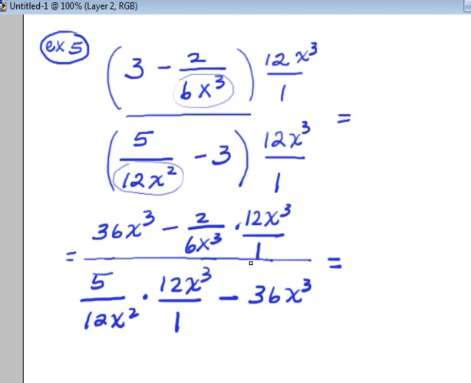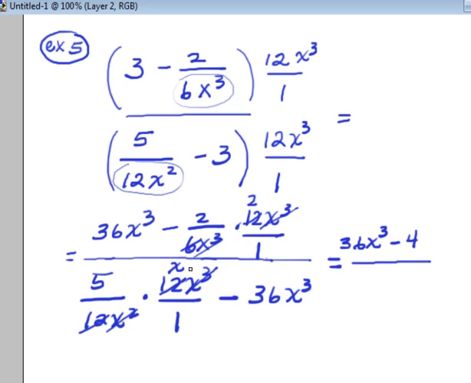And now for some canceling. 6 goes into 12 2 times, and these x cubes just cancel. The 12s cancel over here, and here with x squared and x cubed, we're left with an x. All right, so now let's just write down what's left. And we have 36x cubed minus 4.